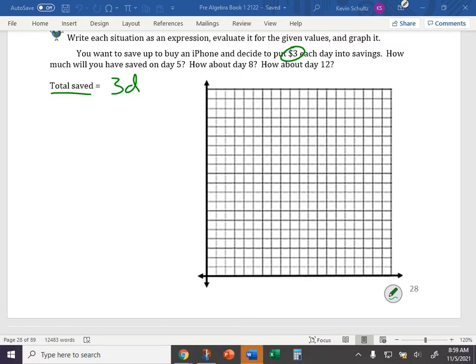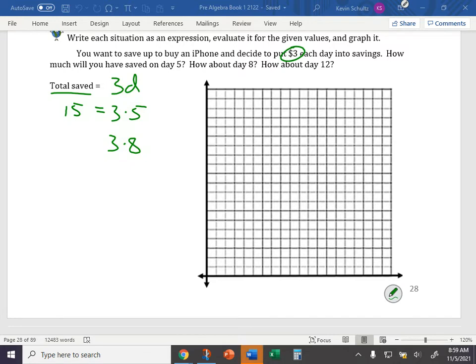As Cade said, he's going to plug in and multiply 3 by 5 for day 5. How much will he have saved total on day 5? 15. Okay. Then he's going to plug in 8 and take 3 times 8.